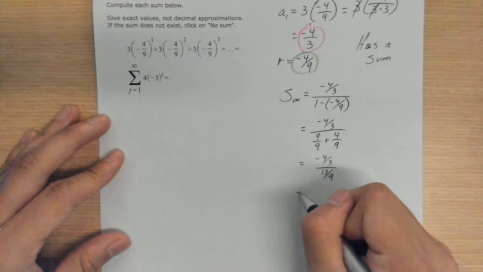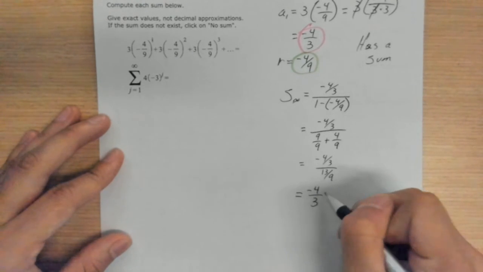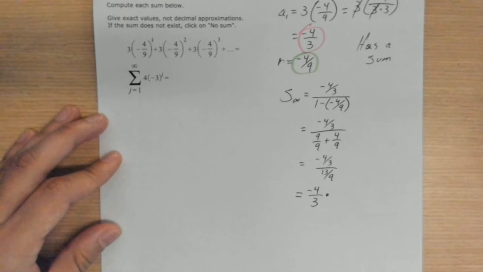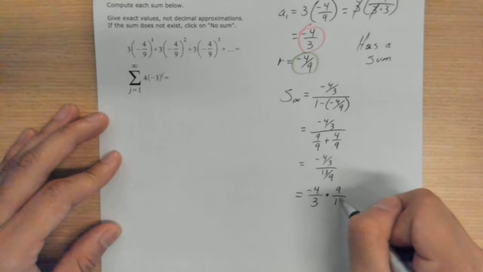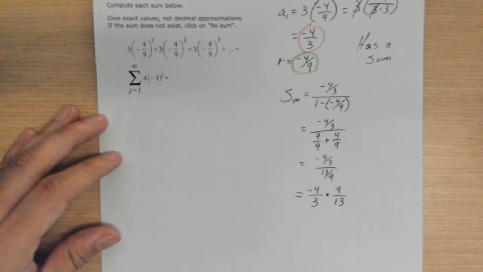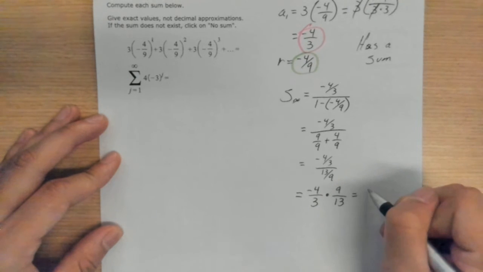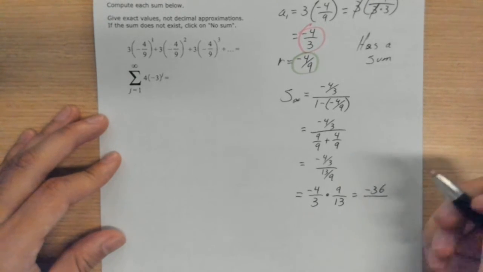And then this is equal to the first fraction, minus 4/3, times the reciprocal of the fraction on the bottom. That'll be 9/13. And as I multiply these two fractions, I will get minus 36 divided by 39.